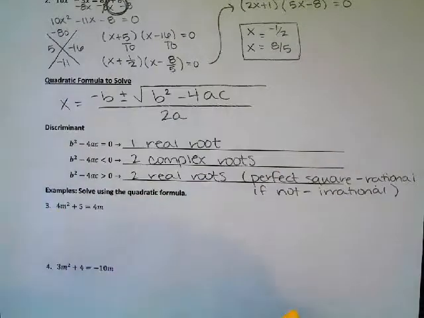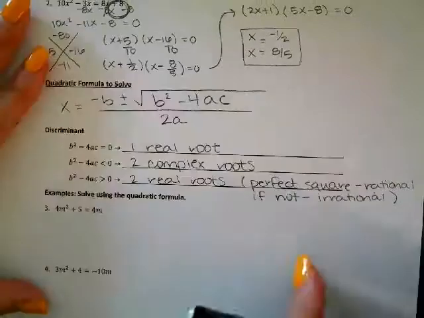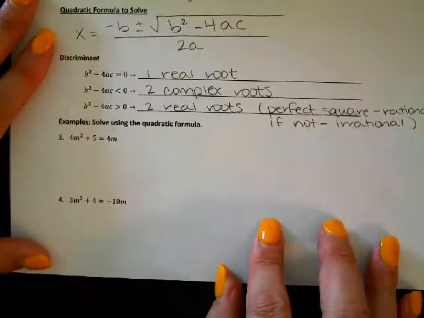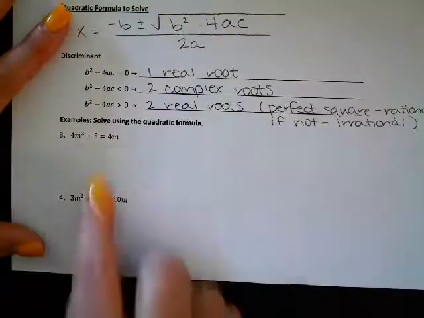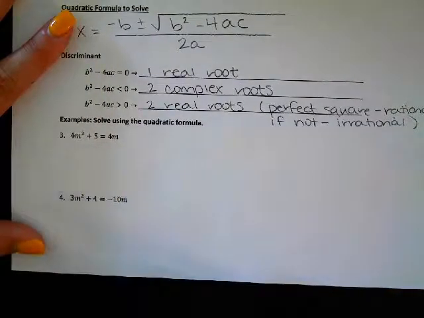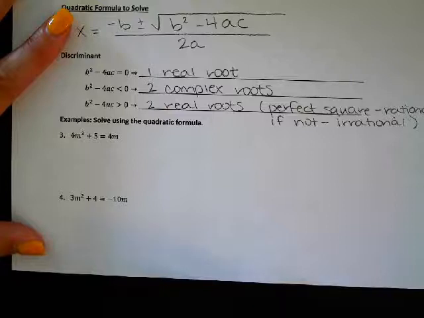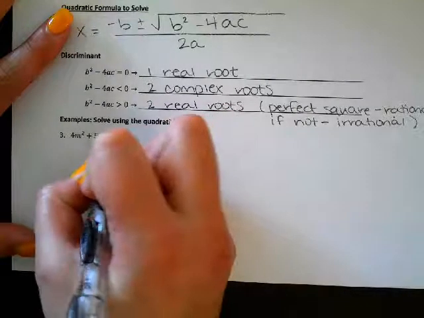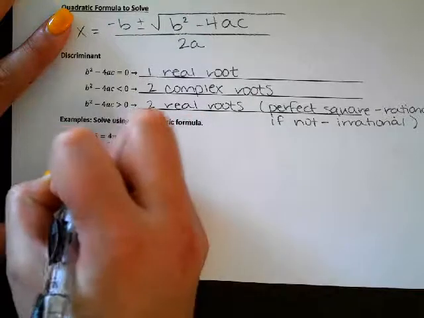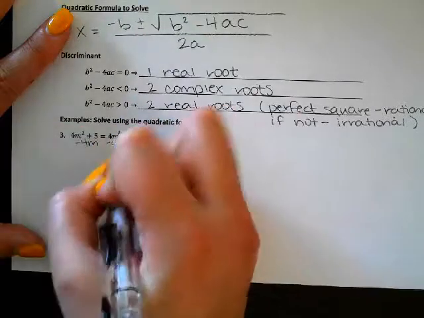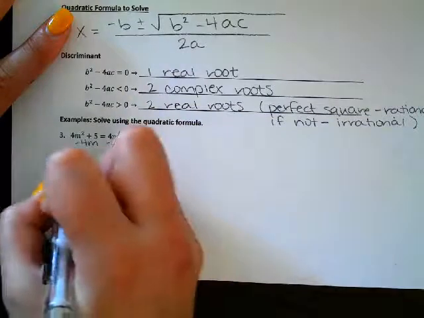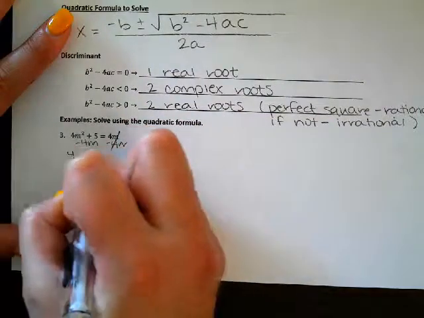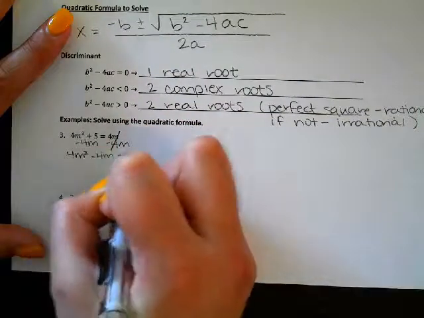All right, so let's go ahead and do 2 problems with the quadratic formula, and then that'll be it for the notes. So again, we always want it to equal 0 before we get started, just like when we were factoring. So with this one, we need to subtract the 4m to the other side. So we have 4m squared minus 4m plus 5 equals 0.